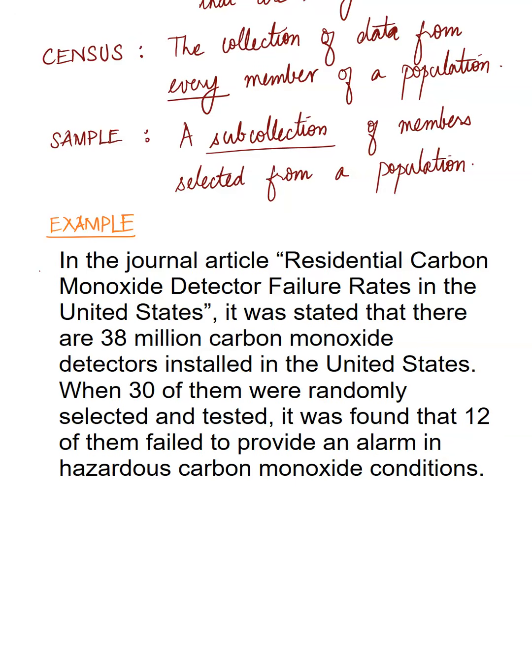Okay? So try to understand the background. This is from a journal article. Okay, so there are 38 million carbon monoxide detectors in the United States installed. When 30 of them were randomly tested, 12 of them failed. So my question is, what do you think is the population in this article?